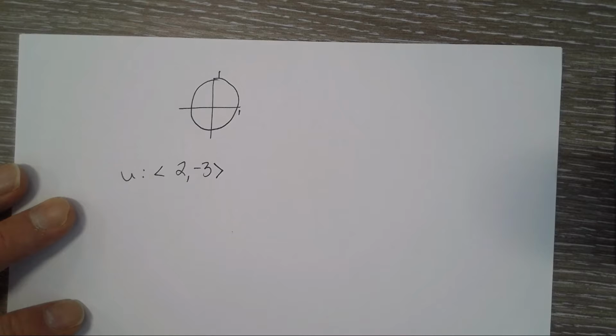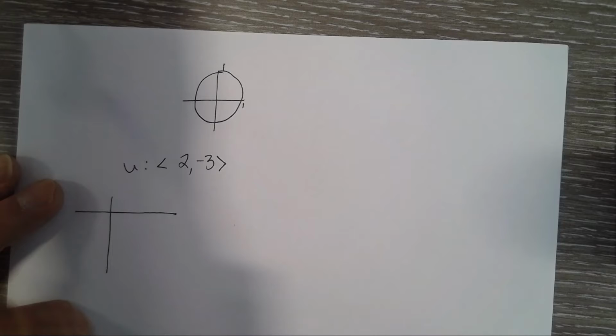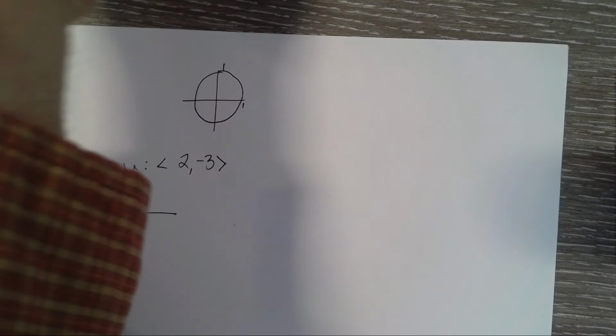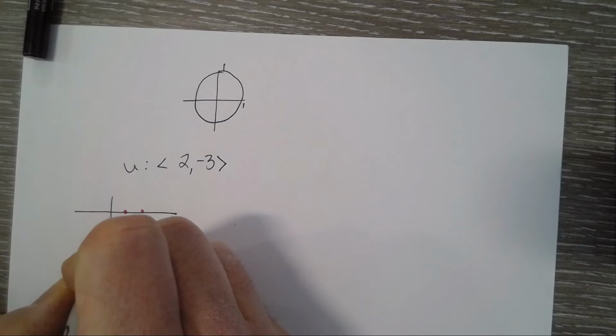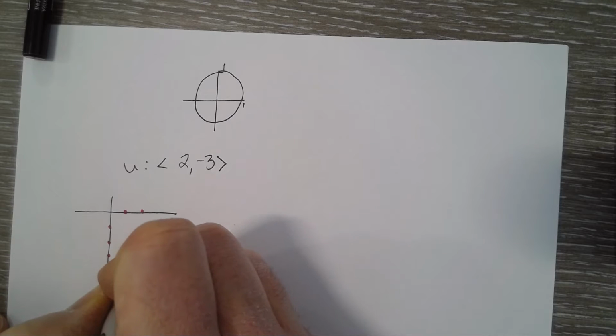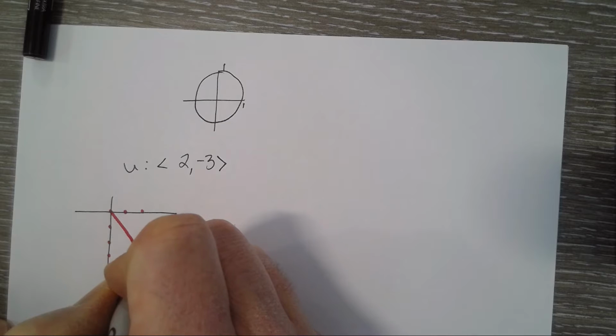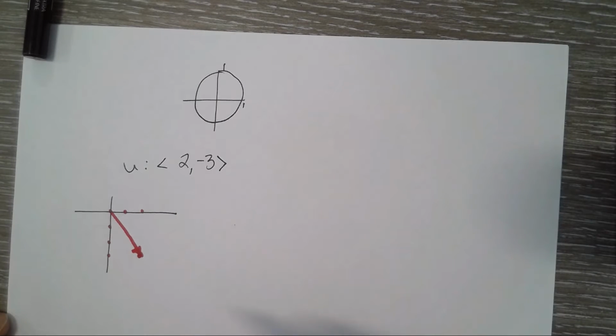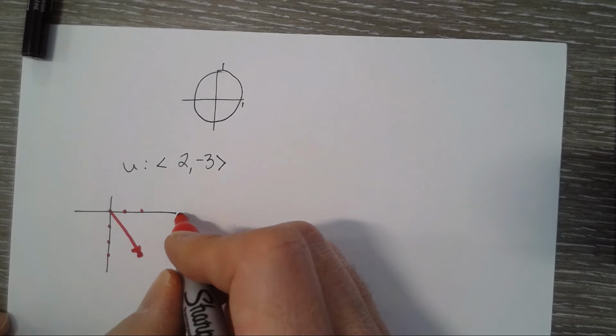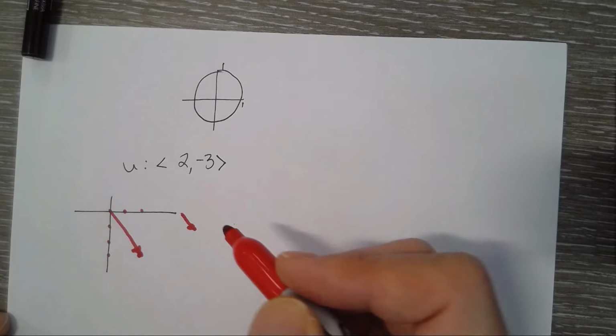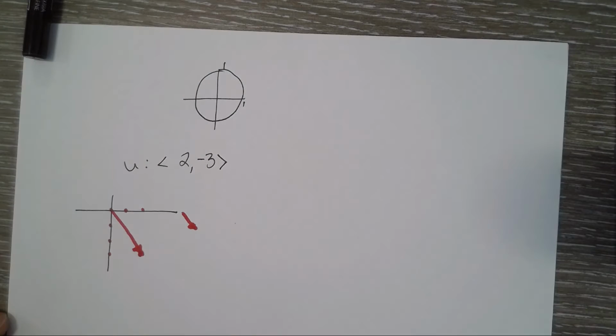So u is right 2, down 3. There's my u. So a unit vector would be the same orientation, same direction, just has a magnitude of 1. That's what we're looking for.